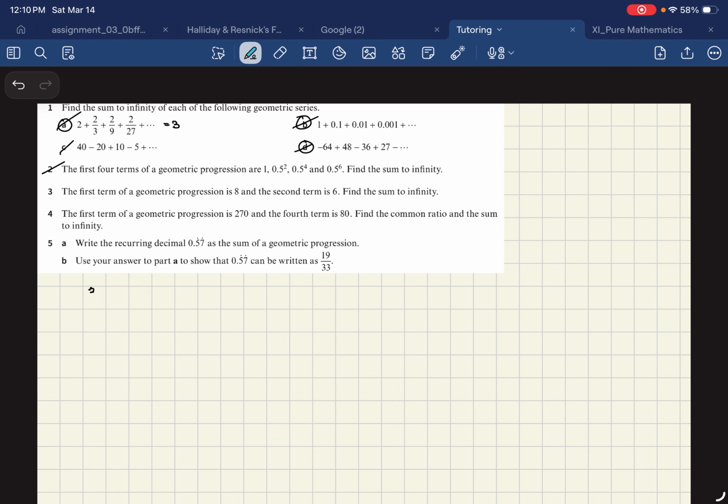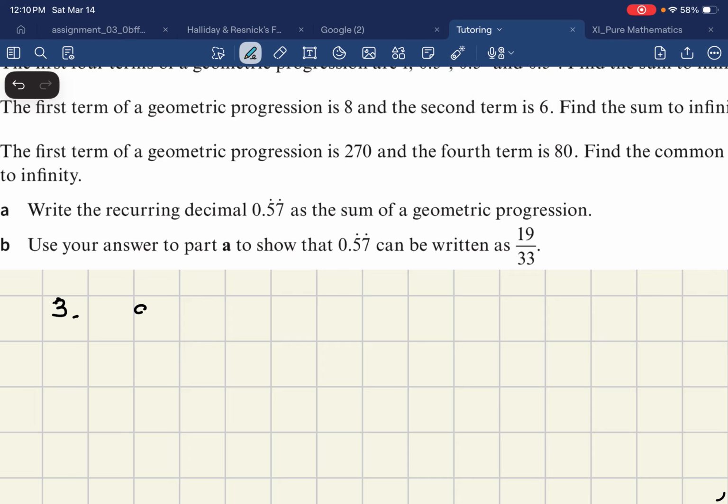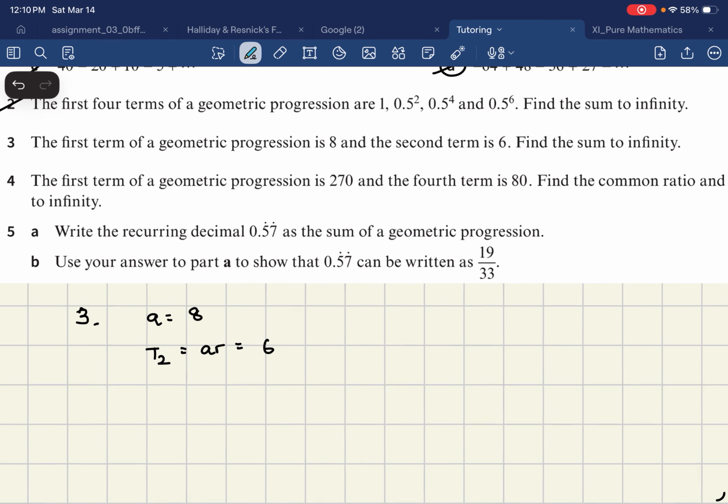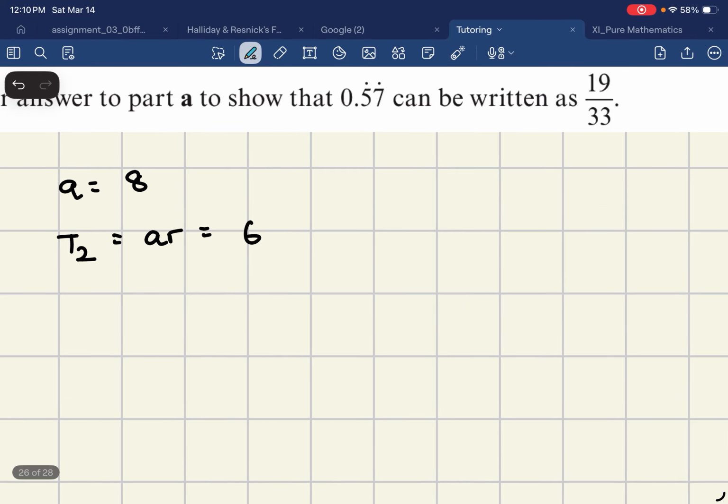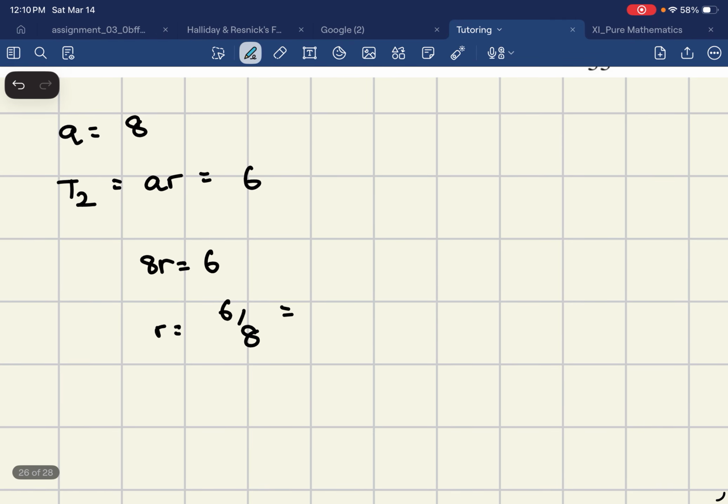Question 3. The first term of a geometric progression is 8. The second term, which is AR, is equal to 6. So what is R? Well, I know A is 8, so 8R has to be 6. R has to be equal to 6 divided by 8. So we're just using what is given, right?